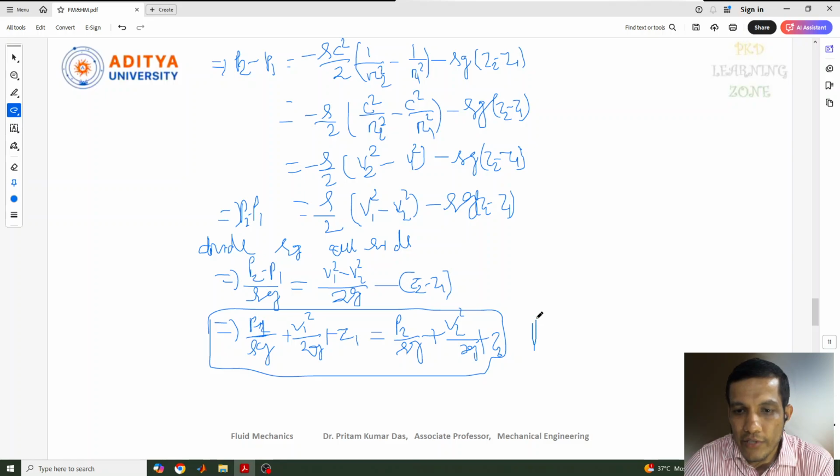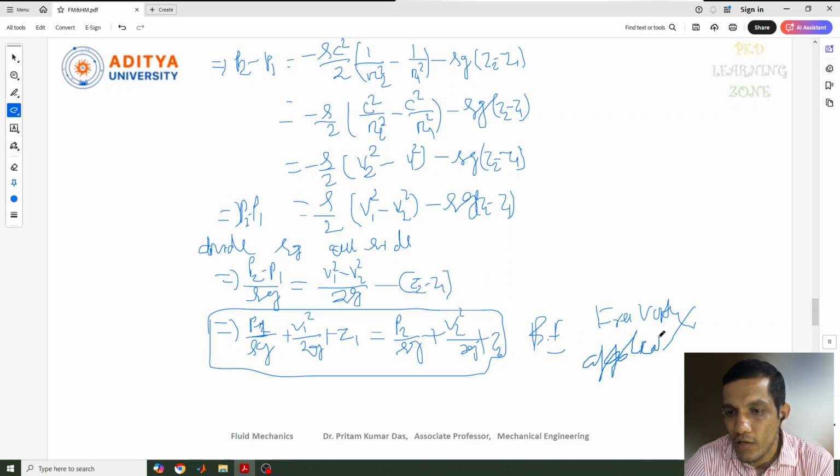So this Bernoulli's equation is applicable in the case of free vortex flow. From here we learn that for free vortex flow, Bernoulli's equation is applicable. These things are very simple.